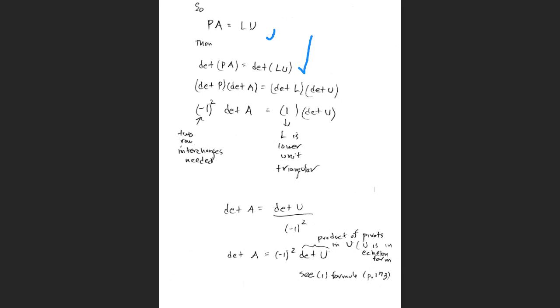But by properties of determinants, the determinant of P times A is equal to the determinant of P times the determinant of A. On the right side, the determinant of L times U is the determinant of L times the determinant of U.